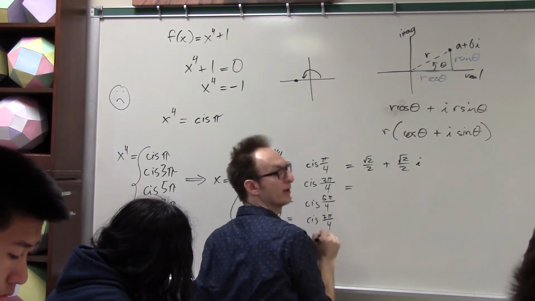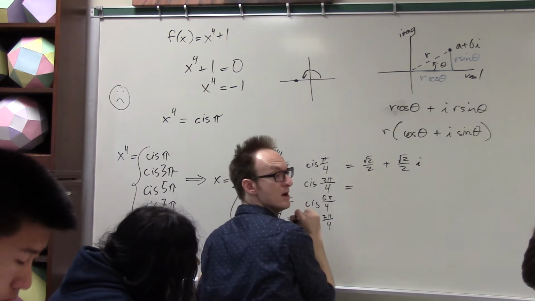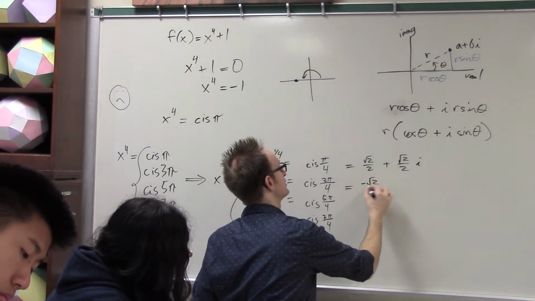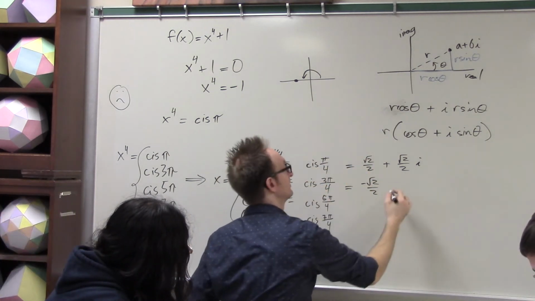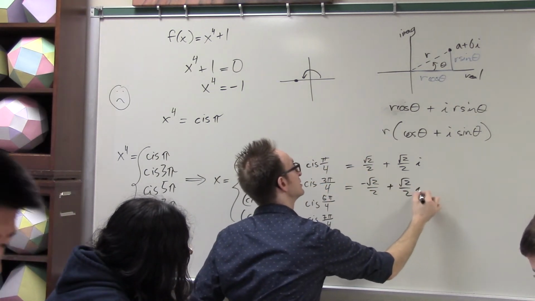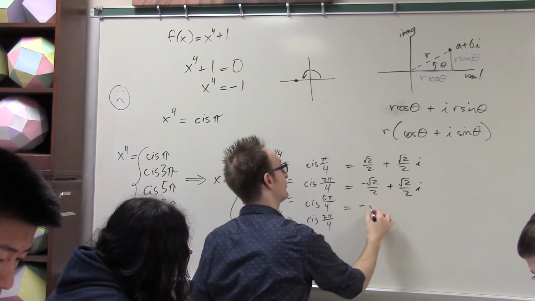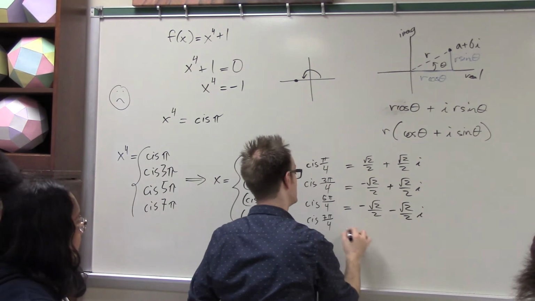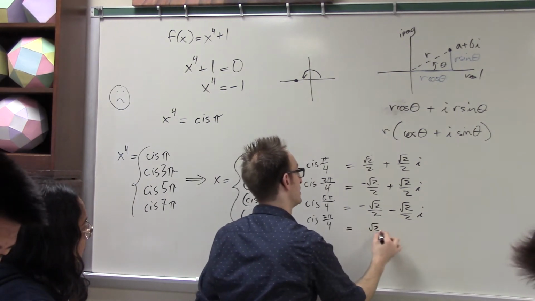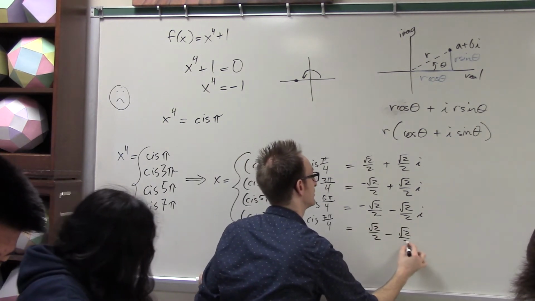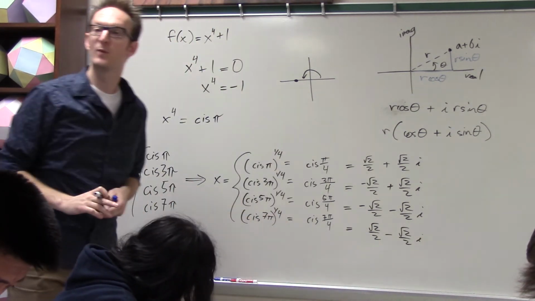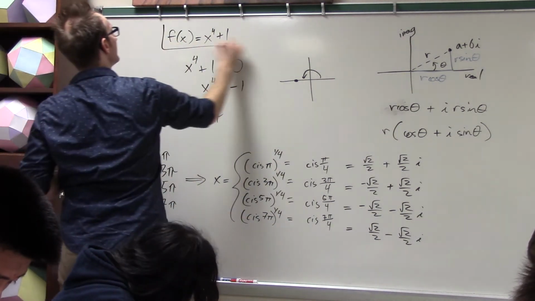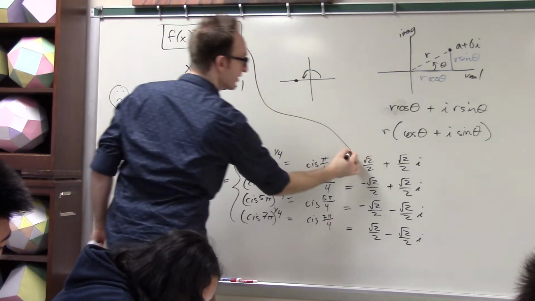Cis 3 pi over 4 is negative root 2 over 2, of course, because of quadrant 2, plus root 2 over 2 i. 5 pi over 4 is negative root 2 over 2 minus root 2 over 2 i. And cis 7 pi over 4 is root 2 over 2 minus root 2 over 2 i. Ta-da! We win, right? These are the 4 complex roots of f of x equals x to the 4th.